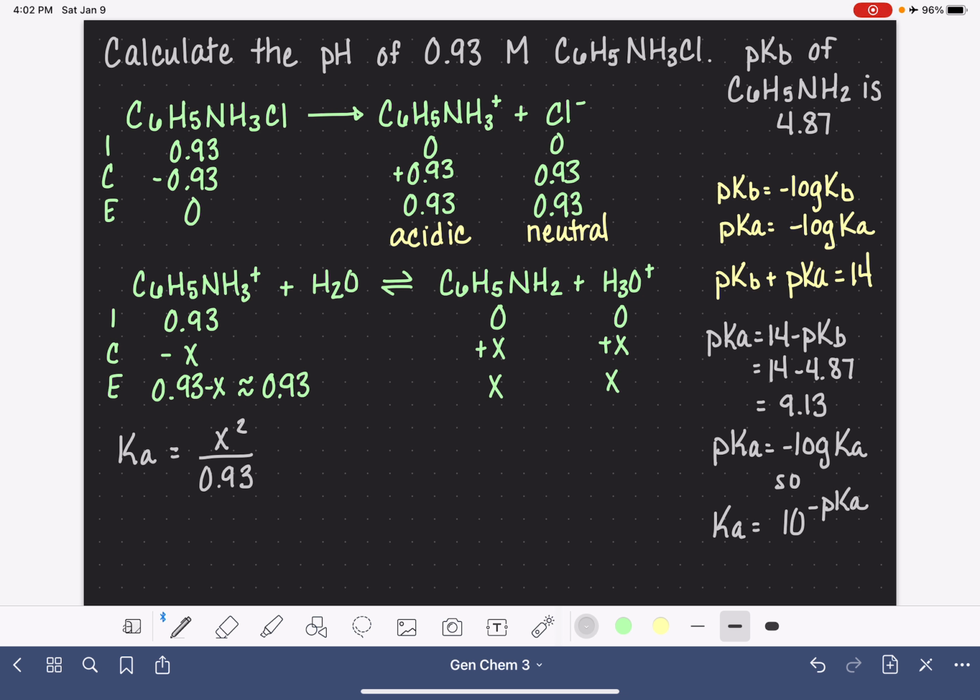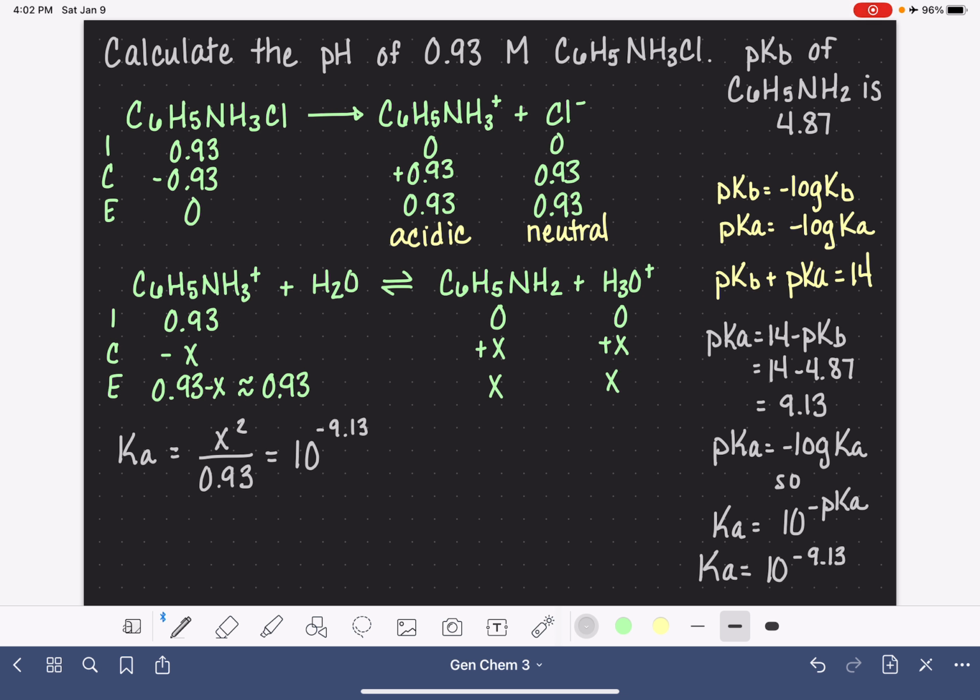The same way that if we were trying to calculate H3O plus from the pH, we would say the H3O plus is 10 to the negative pH. Ka in this case is 10 to the negative 9.13. And we can just use it in that term in this equation. We don't have to actually do the math on 10 to the negative 9.13 as some sort of separate math equation.